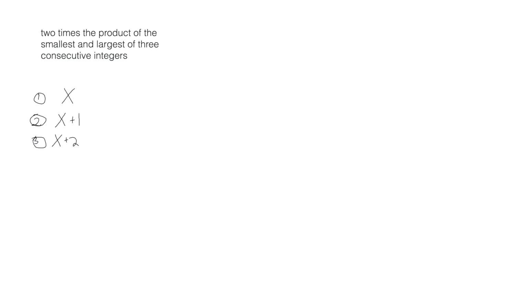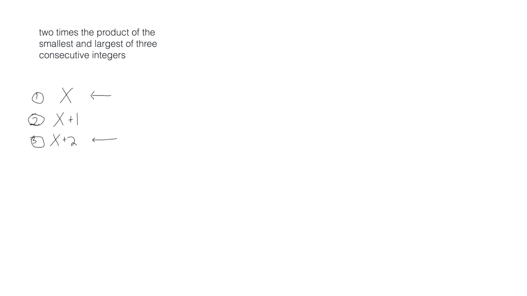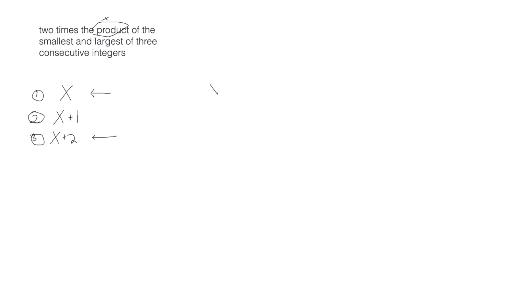And they want 2 times the product of the smallest one and the largest one. So product is the keyword for multiplication. So I'm going to multiply the smallest one times the largest one: x times x plus 2.